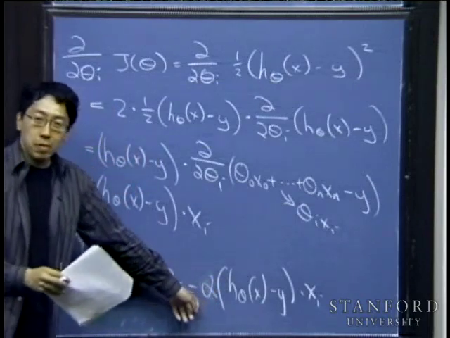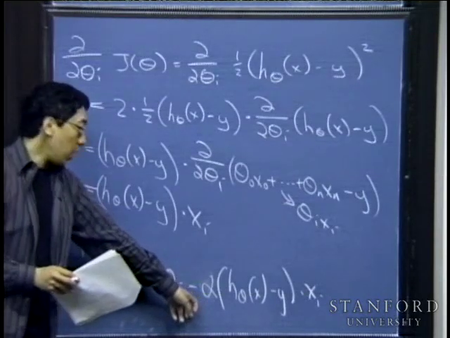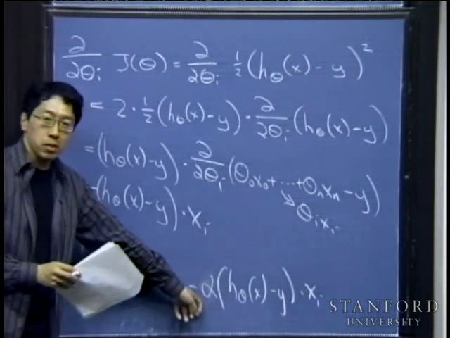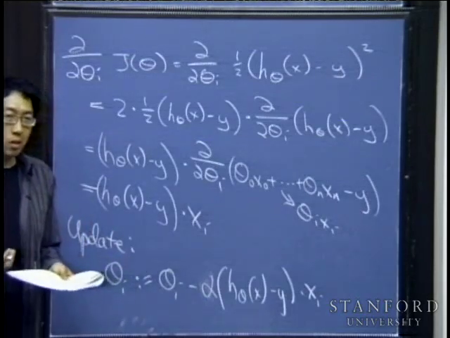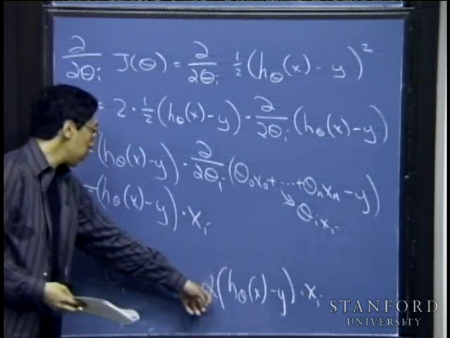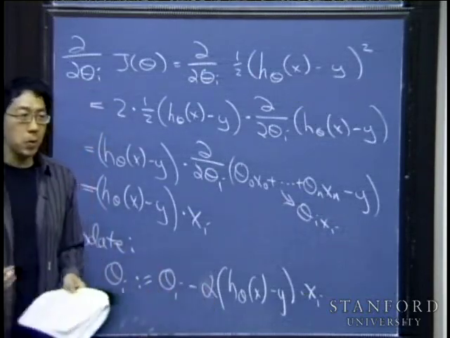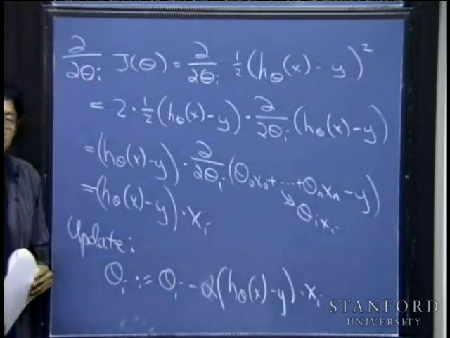This Greek alphabet alpha here is a parameter of the algorithm called the learning rate. This parameter alpha controls how large a step you take. So if you're standing on the hill, you've decided what direction to take a step in, and alpha controls how aggressively, how large a step you take in this direction of steepest descent.